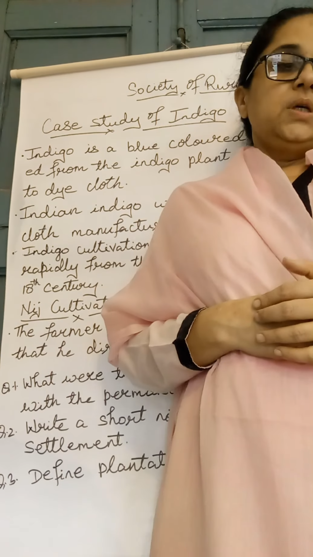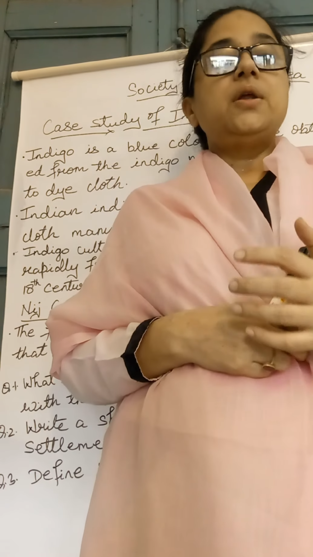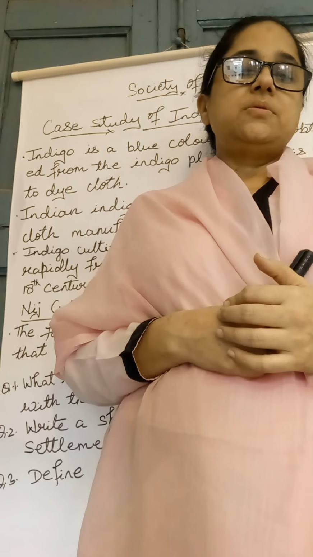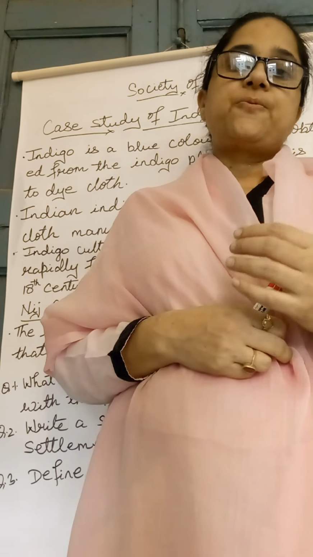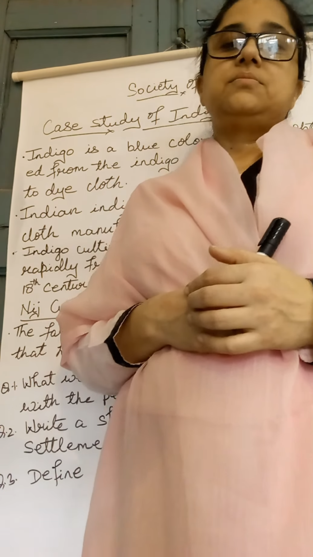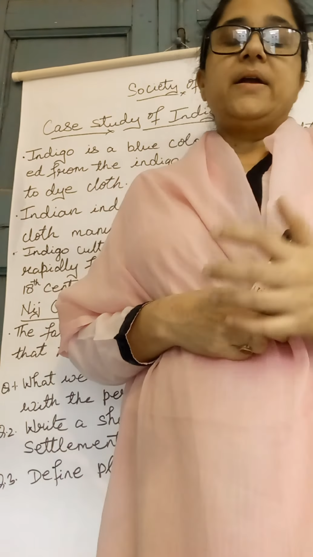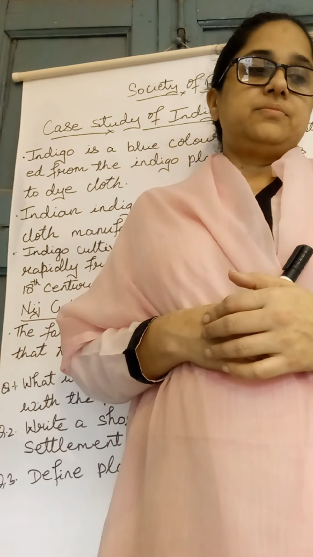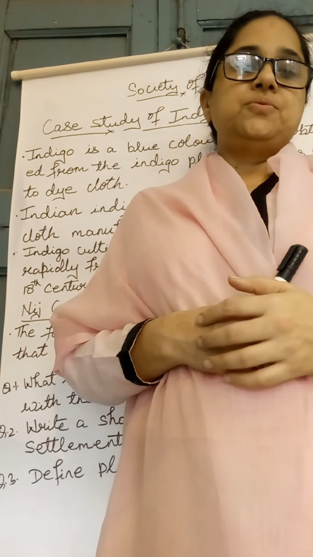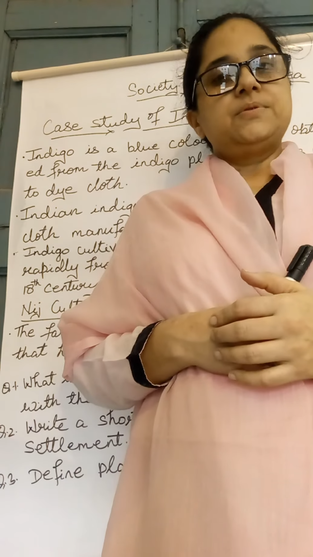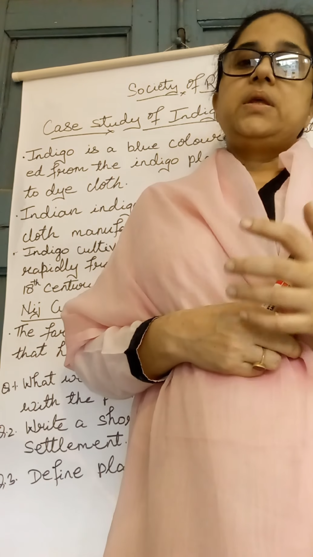About 30% of the indigo imported to Britain was from India in 1788, and this proportion had gone up to 95% by 1810.